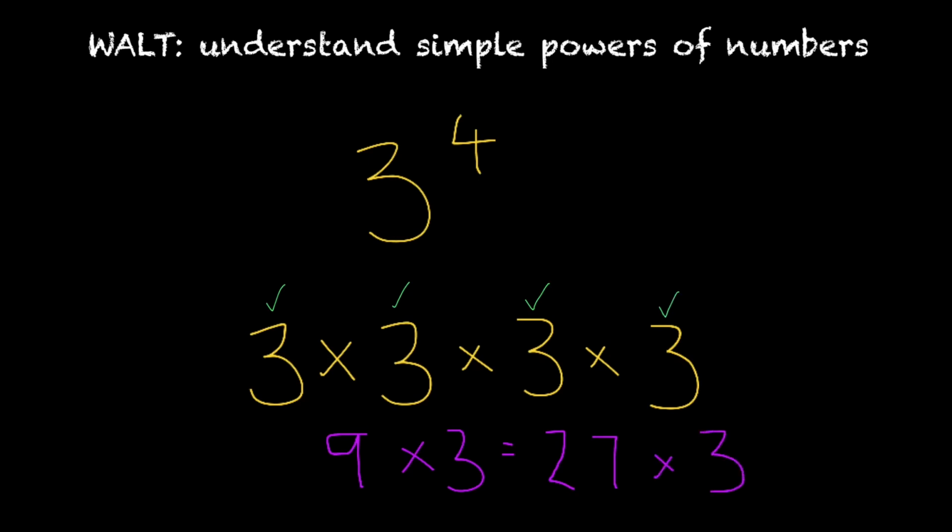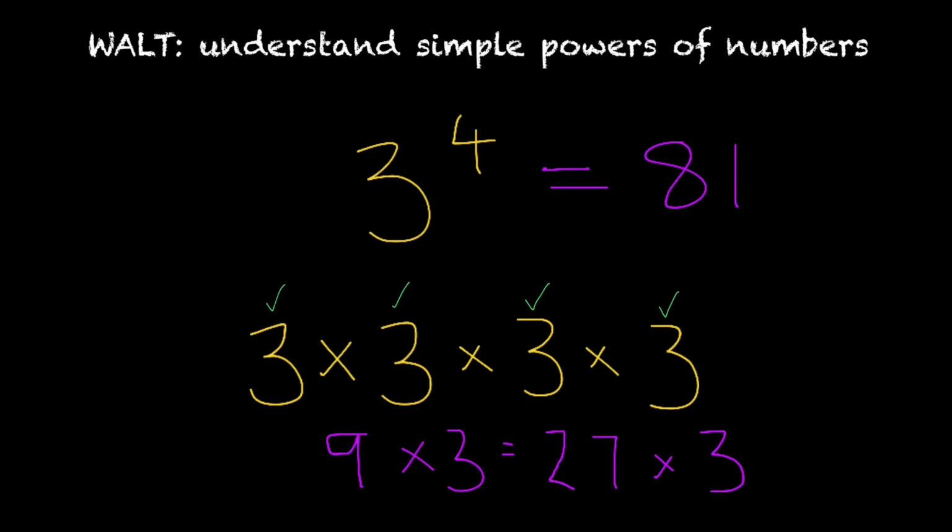Now to do this in my head, I would use the strategy of simple numbers, so I'm going to go 25 times 3, and that's going to give me 75. And then I've got 2 times 3 left, which is 6. So 75 plus 6 equals, oh, there we go, equals 81.